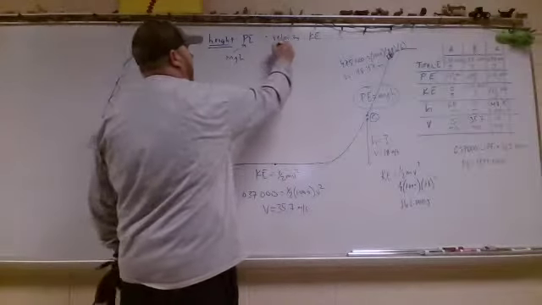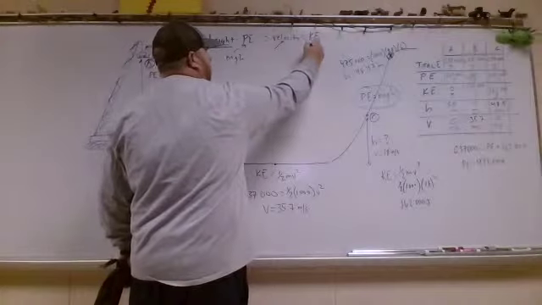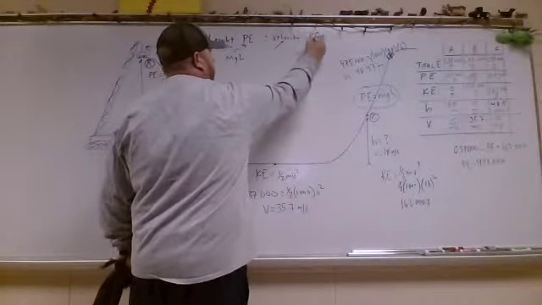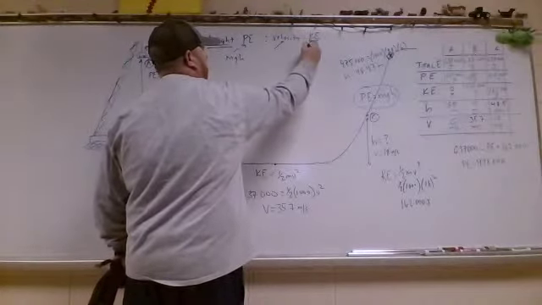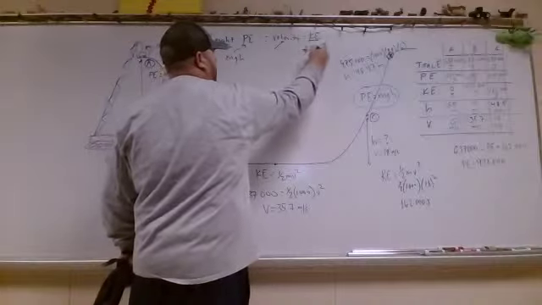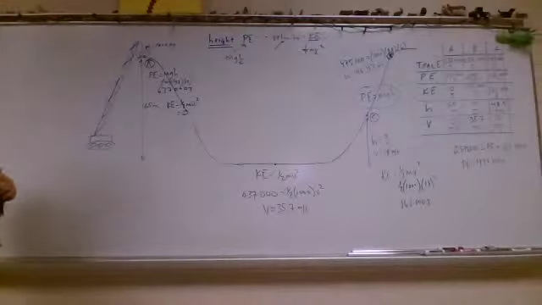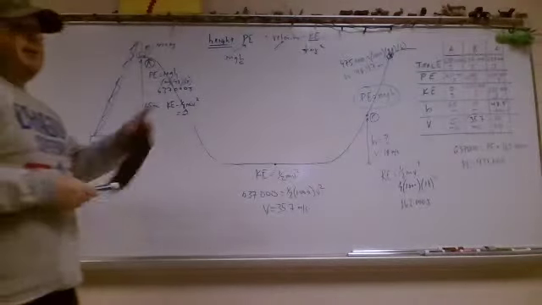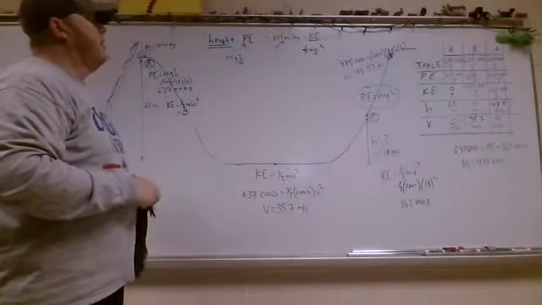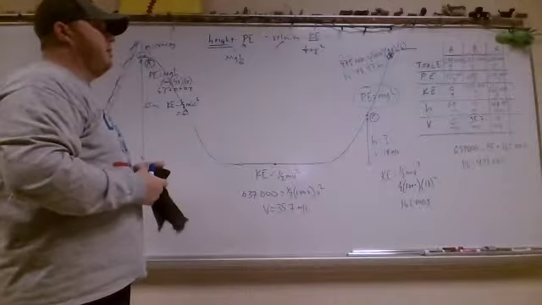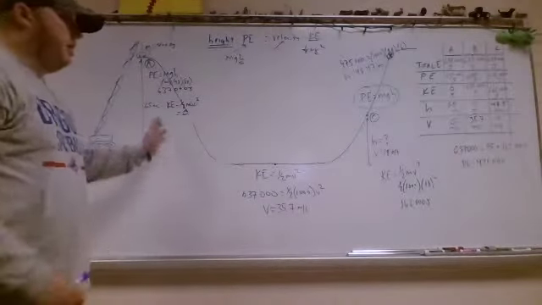If I ever need velocity, I need kinetic energy and use 1/2 mv squared to do that. Right? So keep that in mind when you do it, and I think you'll be able to do any problem like this.